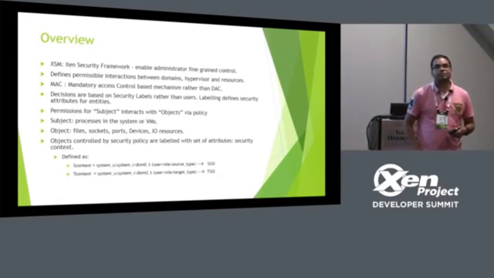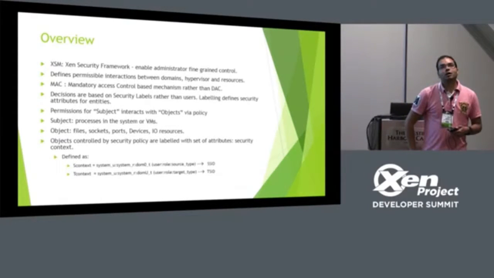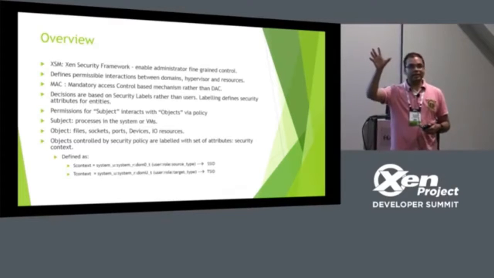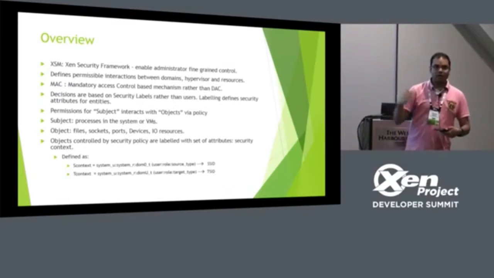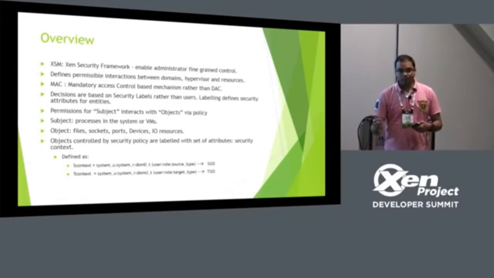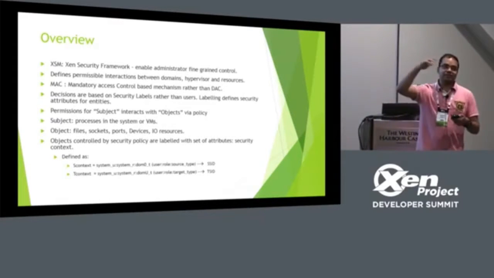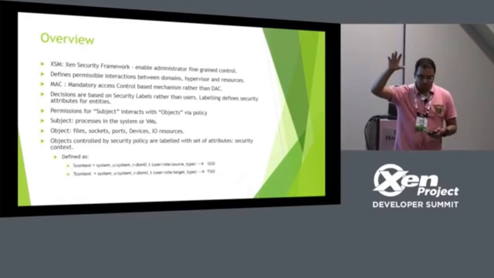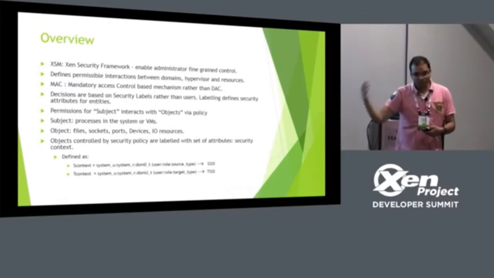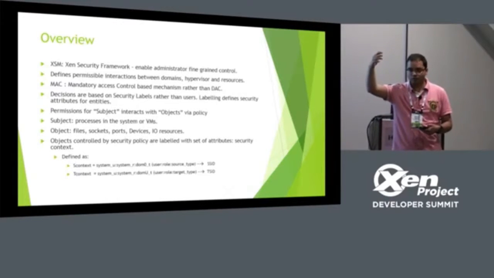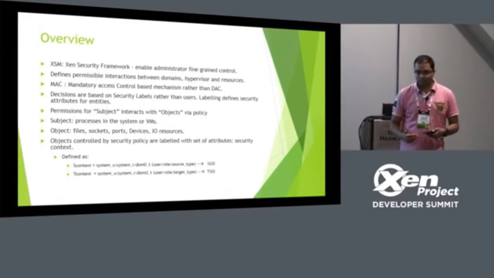Again, I will make myself clearer with an example. Suppose domain is a class, and all the permissions related to that domain, here meaning all the hypercalls, domctls, sysctls associated with that domain, will come into that class. Resource is a class. All the permissions associated with that resource will come into that class.